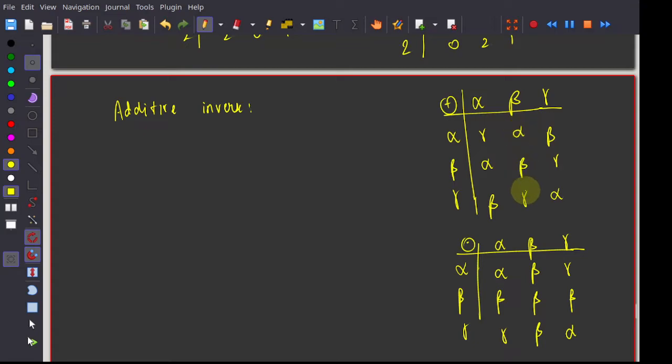So whenever I see alpha, beta, gamma, if there is a column containing alpha, beta, gamma, and a row containing alpha, beta, gamma in that particular order, then that particular element is the additive identity. So one guess would be that beta is the additive identity. Correct?